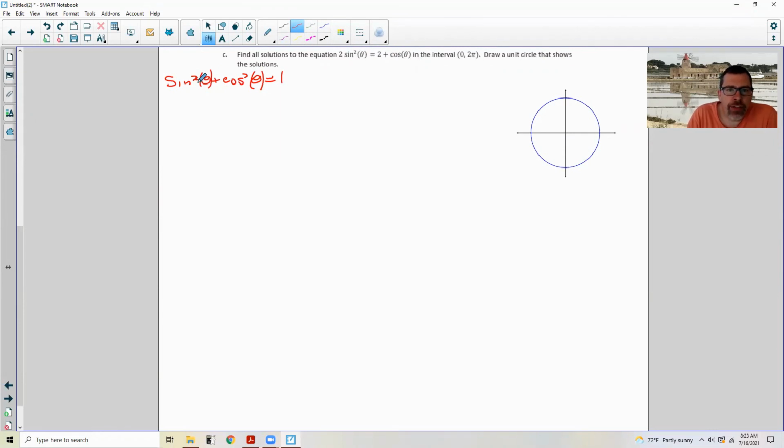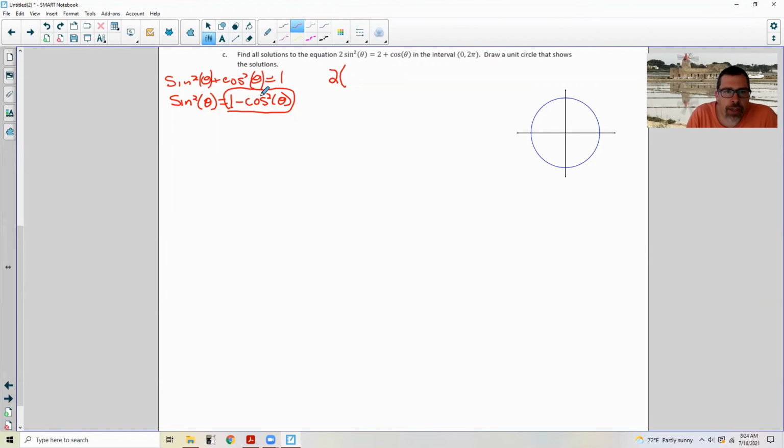So we have 2 times the sine squared theta. What can I do to get sine squared theta in terms of cosine? Subtract cosine squared theta over to the other side, and that will give me that sine squared theta is going to equal 1 minus cosine squared theta. So I'm going to substitute this in place of sine squared theta. We're going to have 2 of them though.